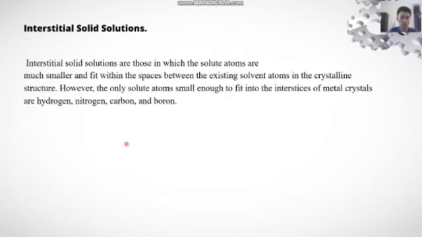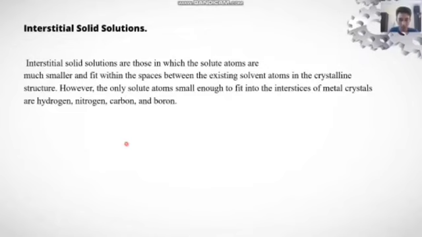Interstitial solid solutions. Interstitial solid solutions are those in which the solute atoms are much smaller and fit within the space between the existing solvent atoms in the crystalline structure.